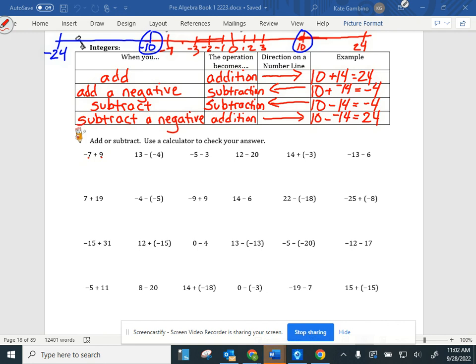What direction am I going to go? Evelyn? What direction on the number line am I going? If I'm adding a positive, I'm going to the right. How many places to the right am I going? 9. So I start at negative 7. I'm going to write my number line nice and big right here just to make it easier.